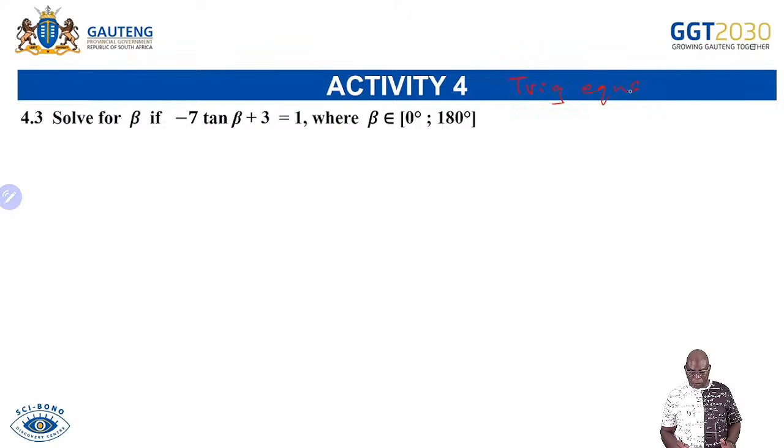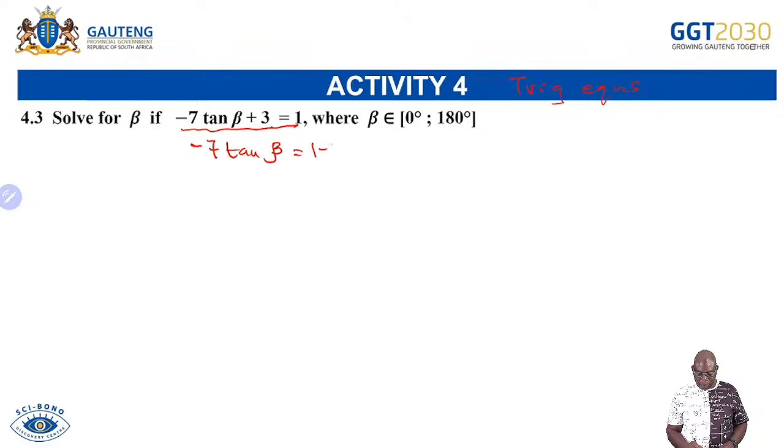4.3. This is trig equations. And we are allowed to use a calculator here. Lovely. I know you love your calculators. So then, what do I have here? Negative 7 tan beta plus 3 equals 1. So here, first I must isolate the tangent of beta. So I'll have negative 7 tan of beta equals 1 minus 3.